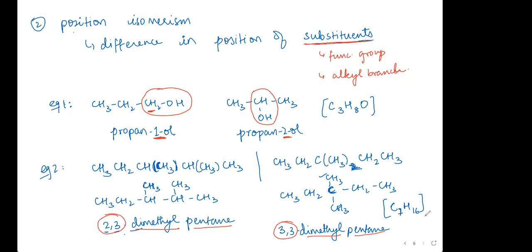For example, if the chain length is changing and the position of, let's say, the nitro group is changing, then you have chain isomerism and position isomerism in that particular compound. So all the four types are not exclusive to each other. There may be overlaps also depending on the situation. All right.